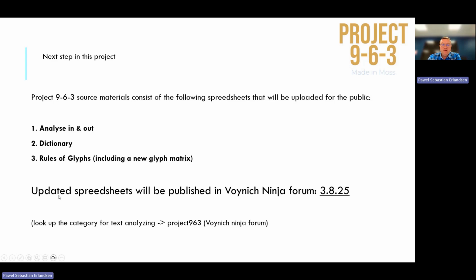And the date for the update will be 3rd of 8th, 25, which is somebody called Voynich Day, where we have some kind of meeting on Zoom and talk about different kinds of aspects of the Voynich text. And I hope to be able to update so you can analyze and validate and try it yourself at that date.